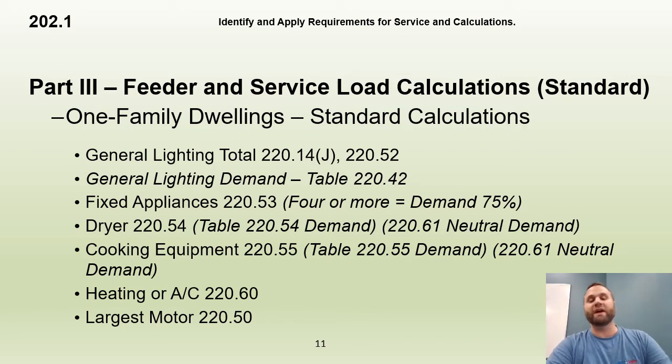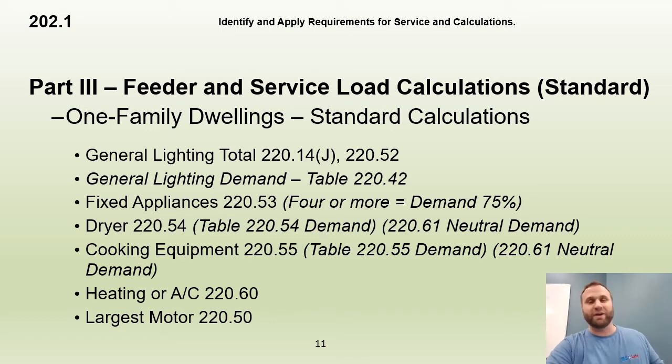And then 220.50, largest motor. 220.50 actually is a code that points you to some other codes, and one of those that it points you to is 430.24. And in 430.24 it tells us that when we're sizing a feeder with multiple motors on that feeder, we size the largest motor at 125%.